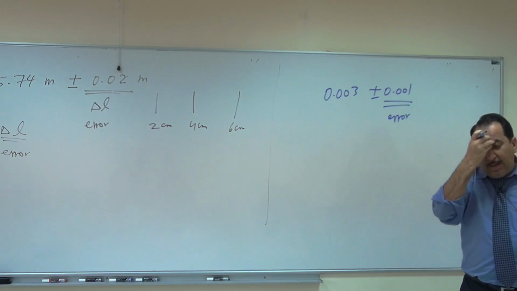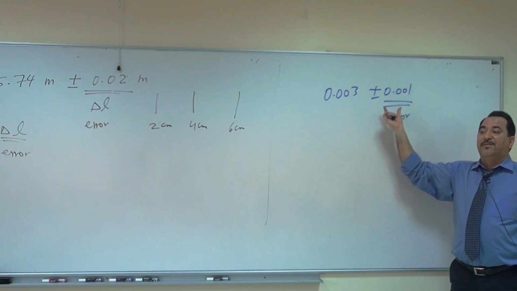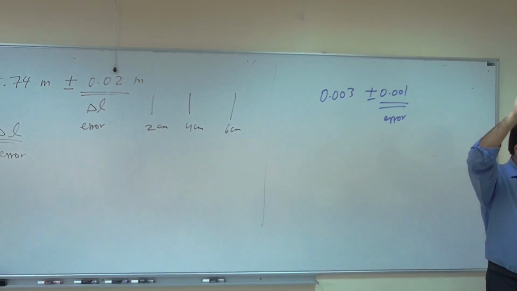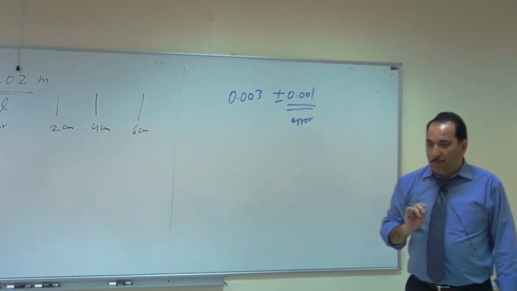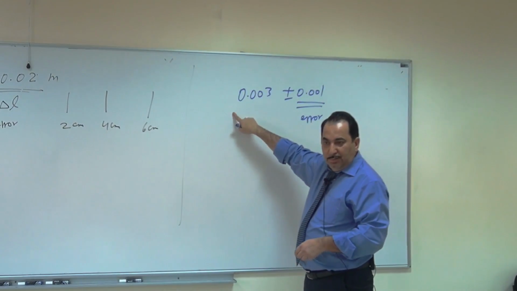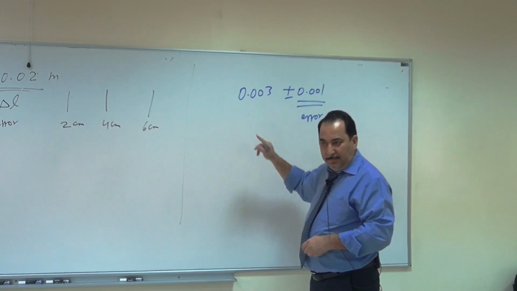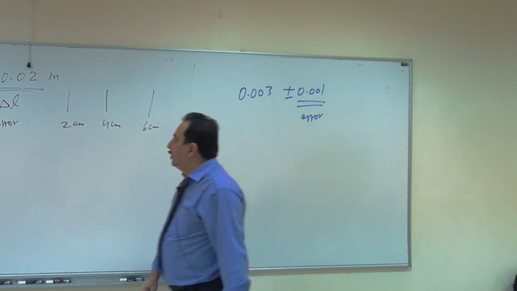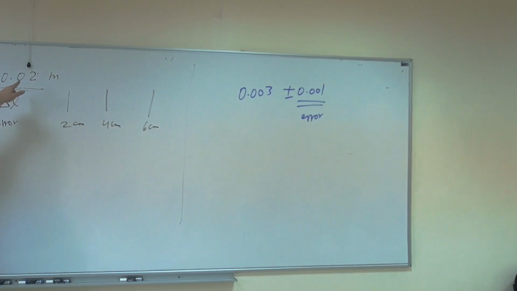So what I want to tell you is that looking at the error itself doesn't tell you if you have a large or small error. So what do you have to do? You have to compare it to the value to know if it's big or small. If you want to judge whether this error is high or low, compare it to the value. How? Ratio, relative. So do it as a ratio.